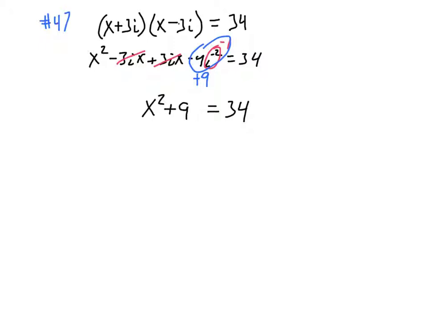So that's why solving by factoring only works if you have real number solutions. Factoring involving i's gets very complex, and we stay away from it because we have other methods that get us to the answer easier.